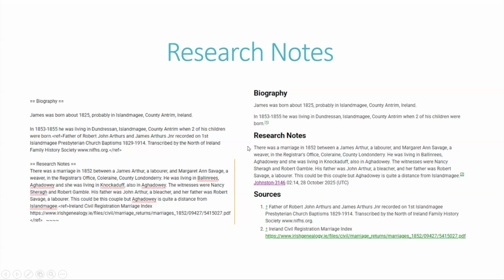That's quite important for people coming along and looking at James's profile. They can see that I think this might be a marriage, but I'm not certain because Aghadowey is quite a distance away.